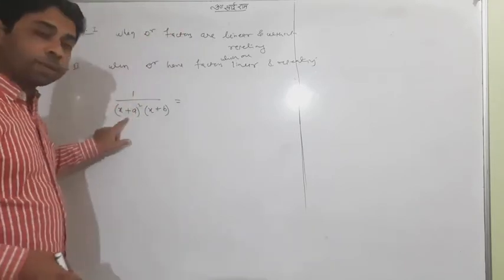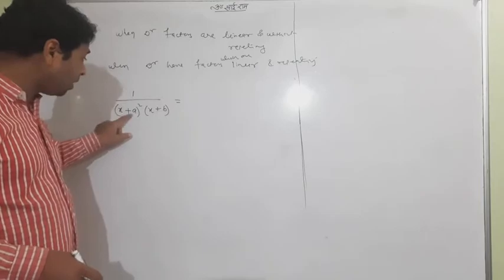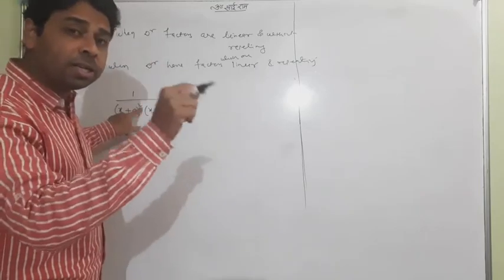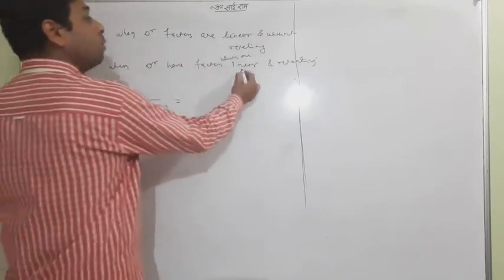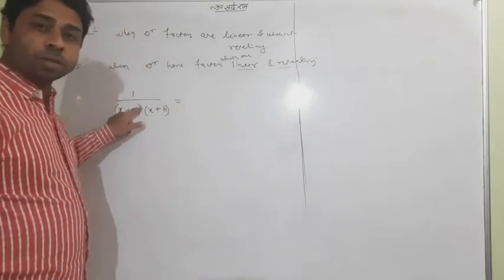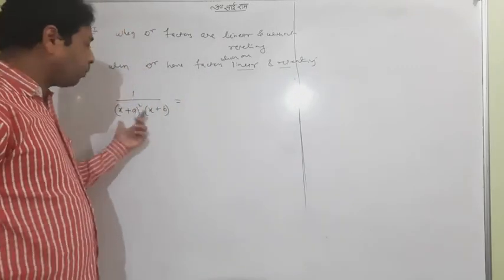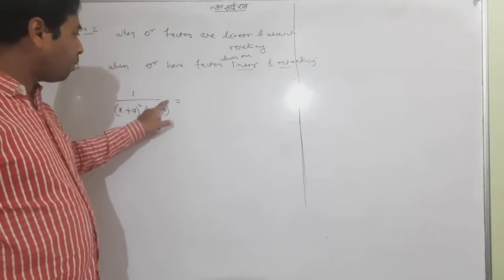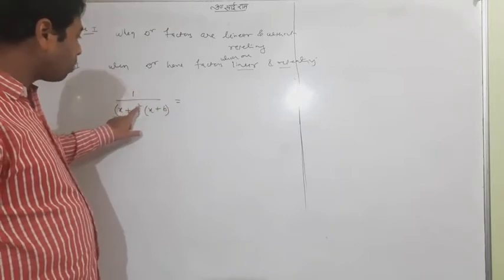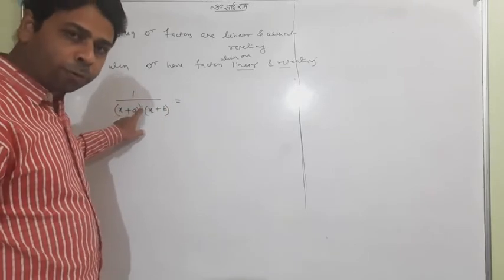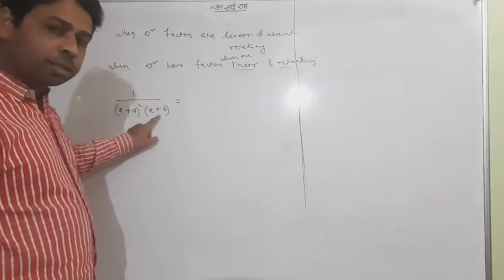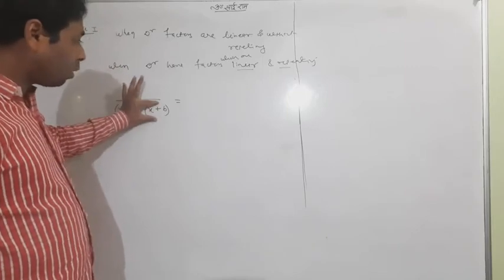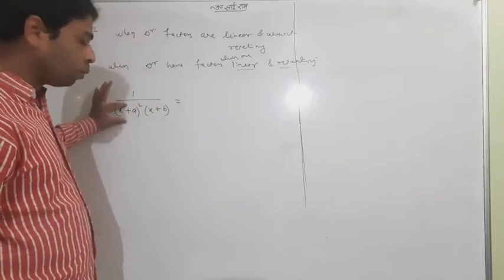But this one is strange: it is linear and the power 2 indicates repeating. Hope you can distinguish the difference between these two. Power 1 is without repetition; power 2, power 3 or power 4 means repetition. It is a linear factor. So this is the old first type, this is the new second type.